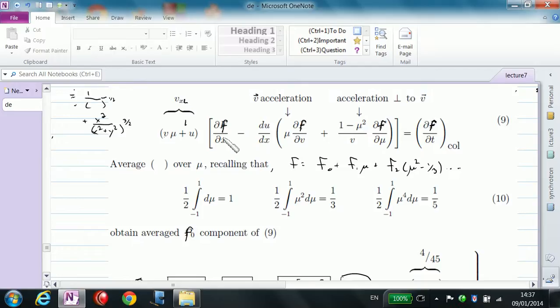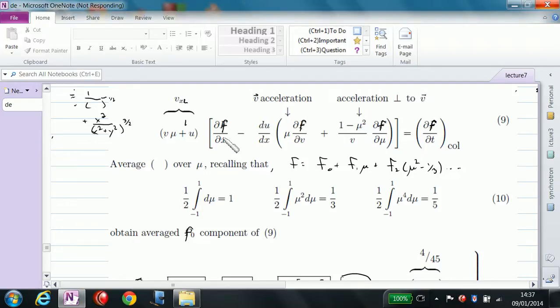So there's always going to be a spatial gradient, and the anisotropy that's created per unit time is of order the mean free path times the gradient.